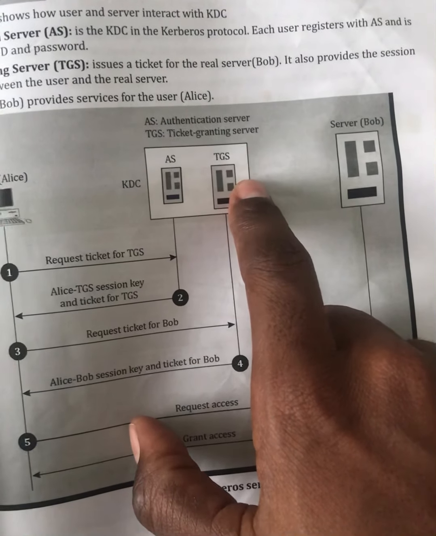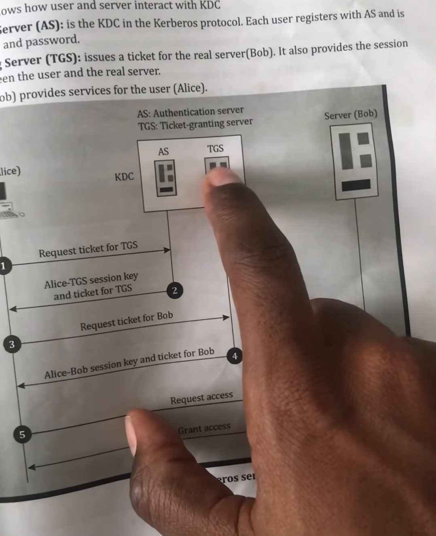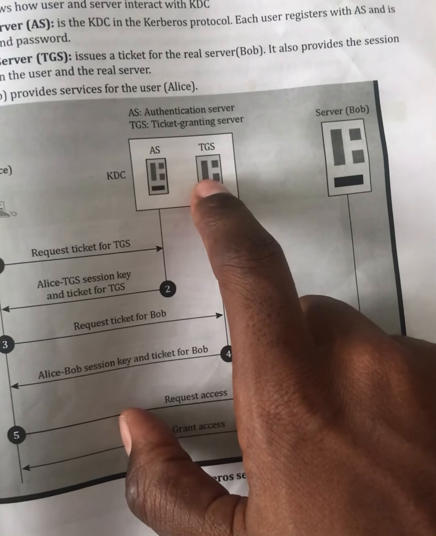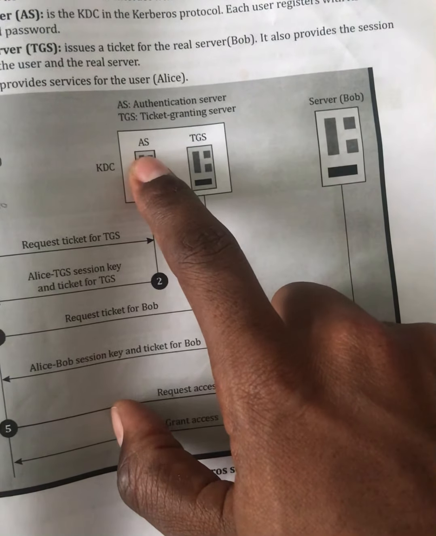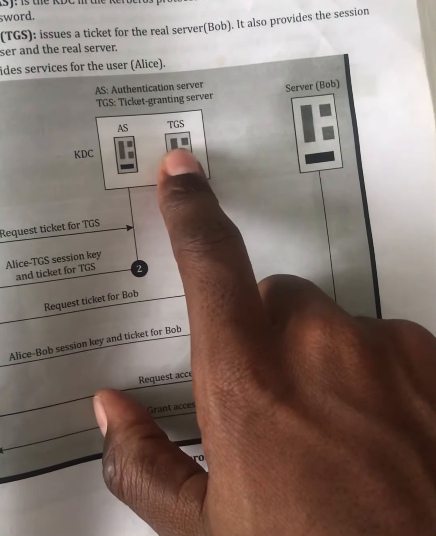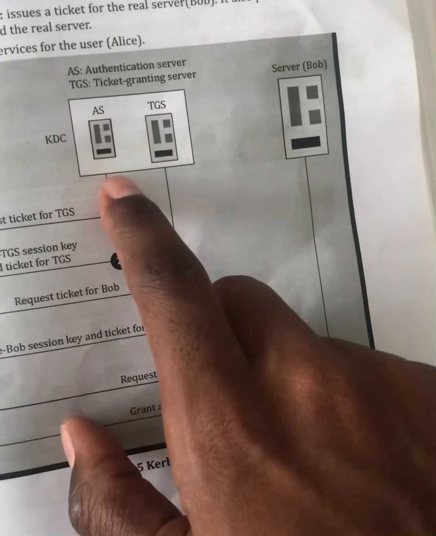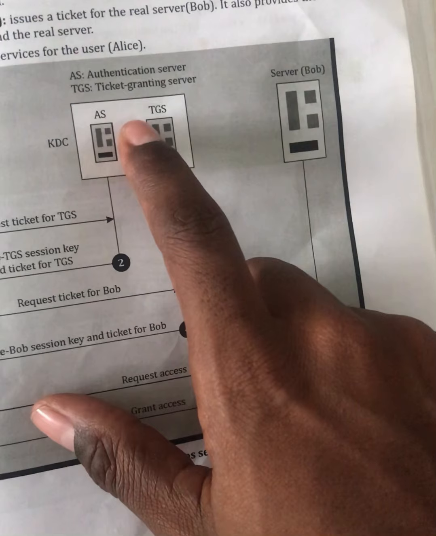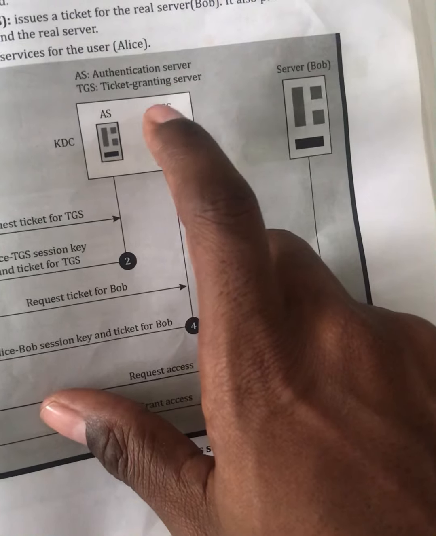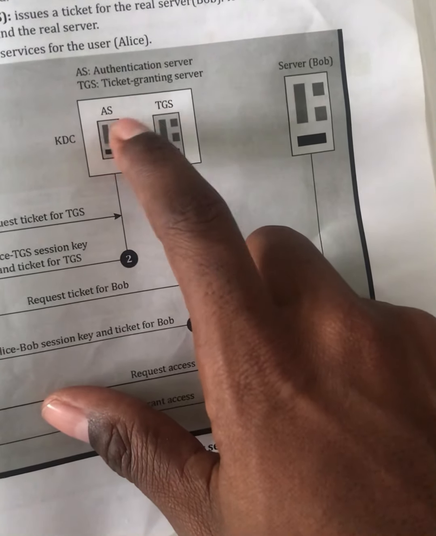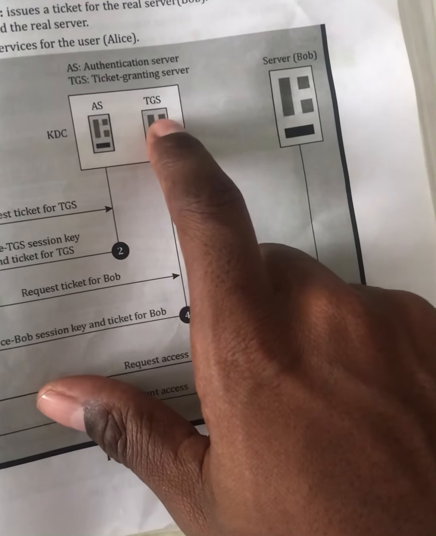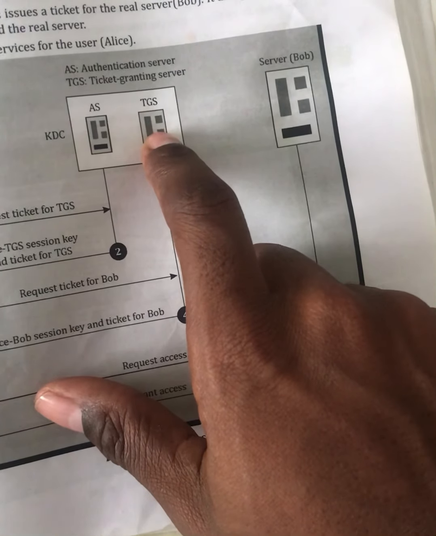And when it comes to ticket granting, first of all, what is a ticket? A ticket is created once the authentication server accepts a user, right? So this ticket contains user ID, network address and the server ID, right?